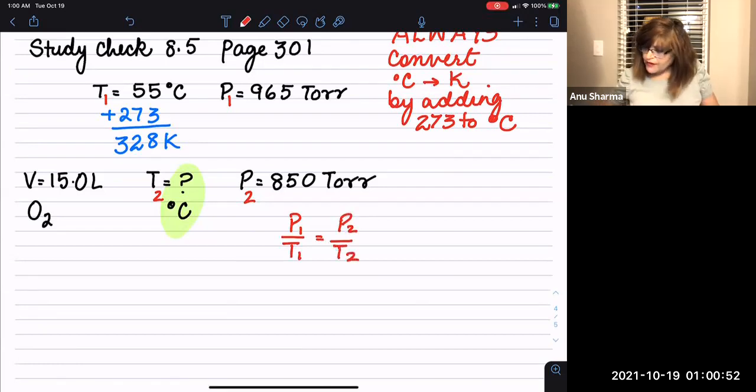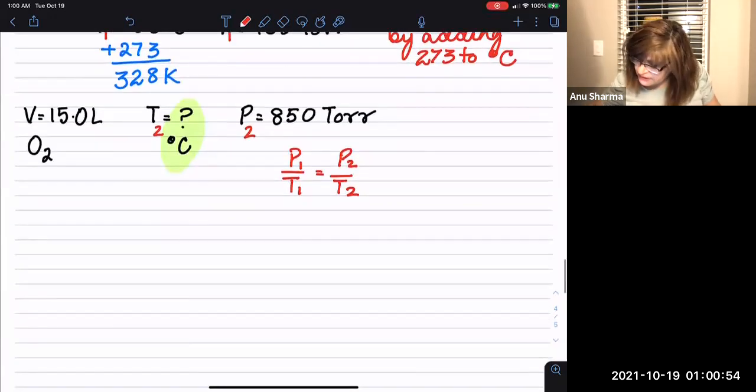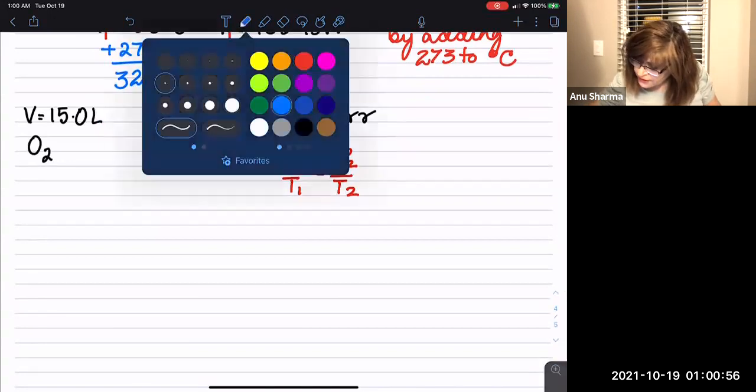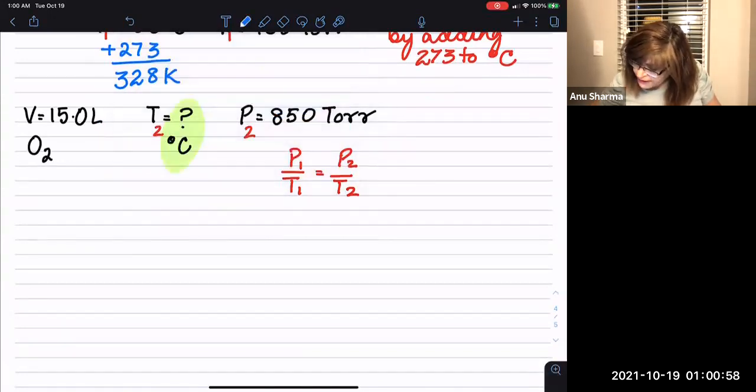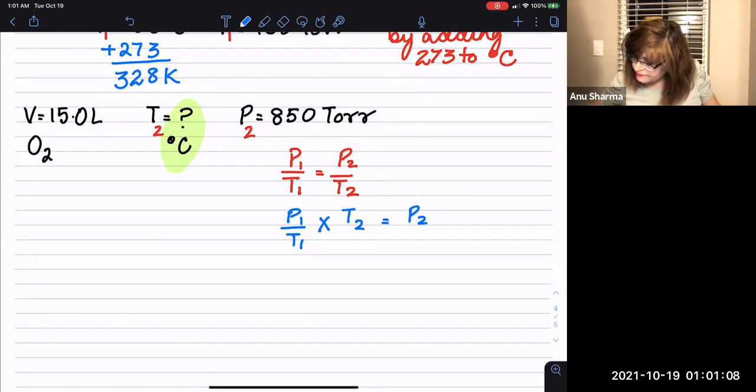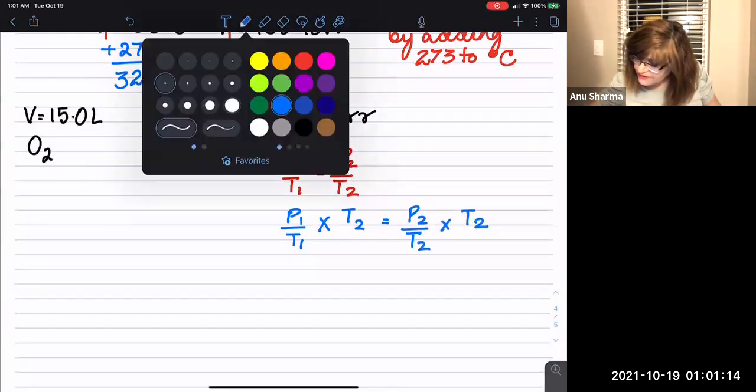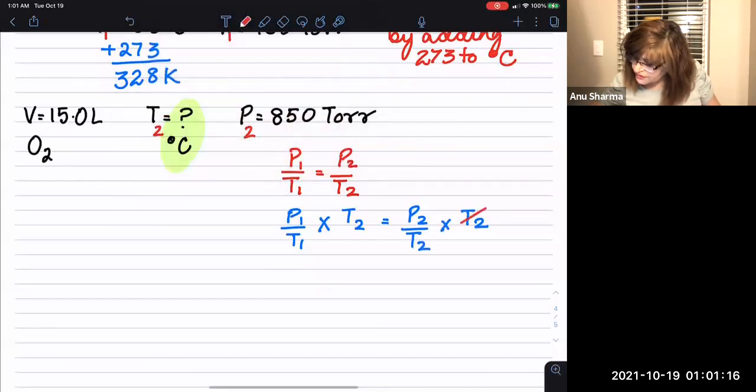Since we need to find T2, this is like a double transformation. First, bring T2 to this side: P1 over T1 times T2, because we need to find T2 on one side, equals P2 over T2 times T2, so this cancels out the T2 on this side.